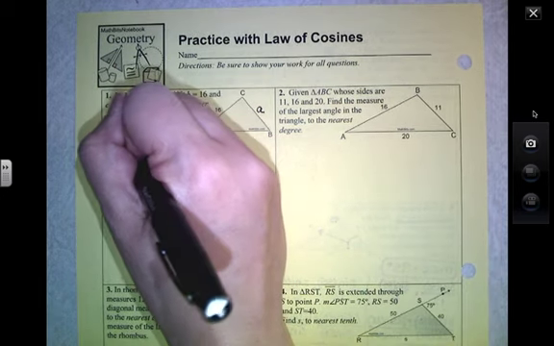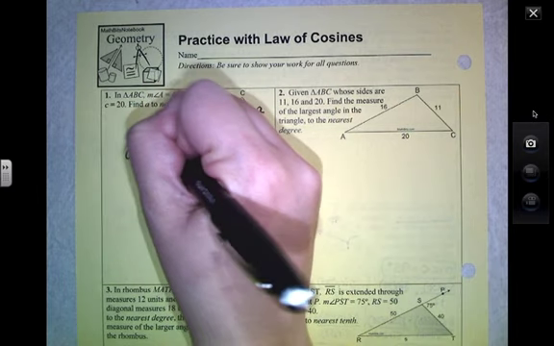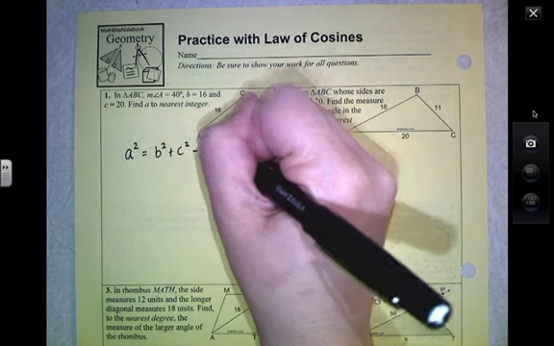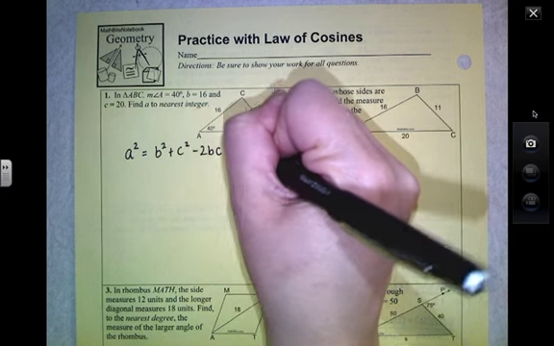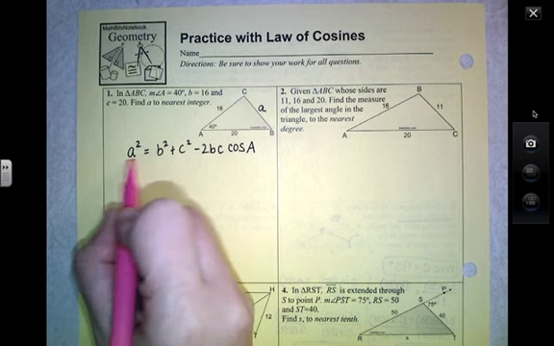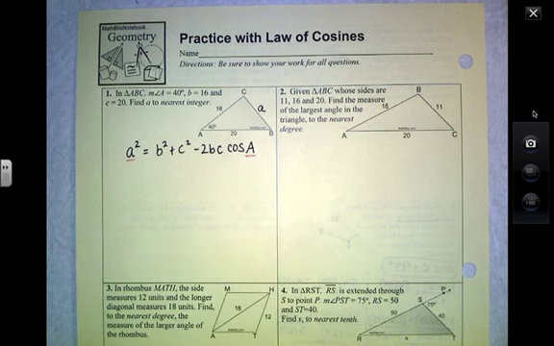We're going to say that side A squared equals side B squared plus side C squared minus 2BC cosine capital A. Again, you want to make sure that your side that's over here is across from the angle that you put here. So let's fill in what we know.